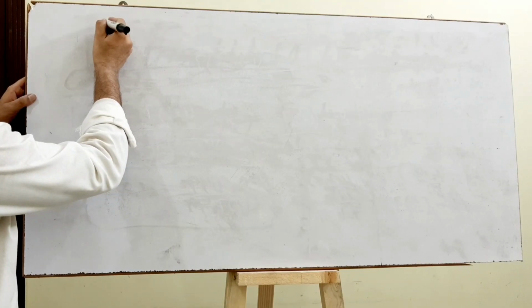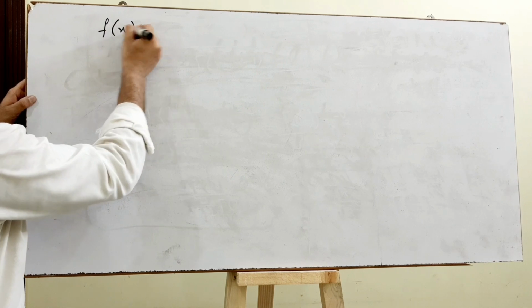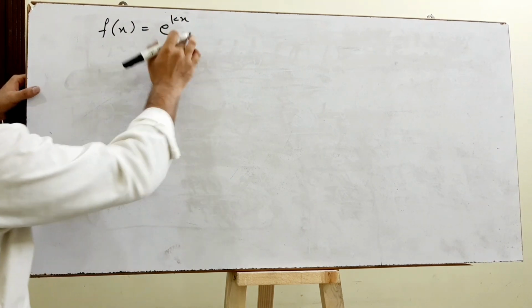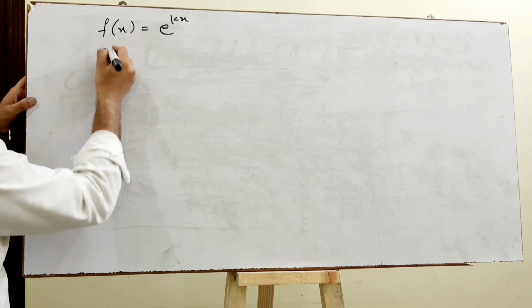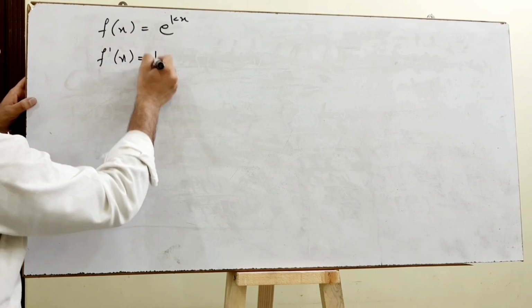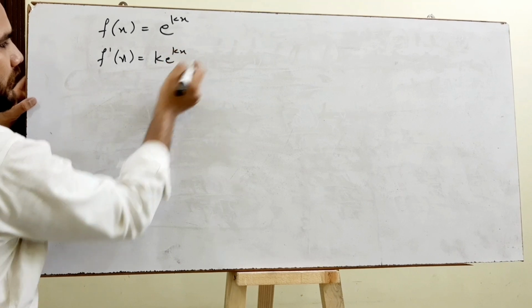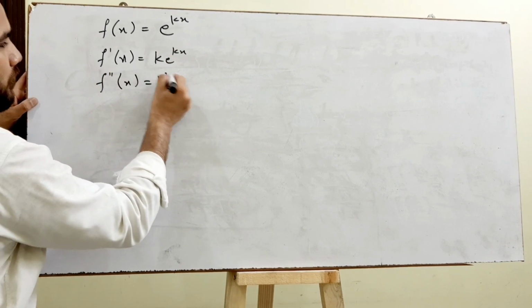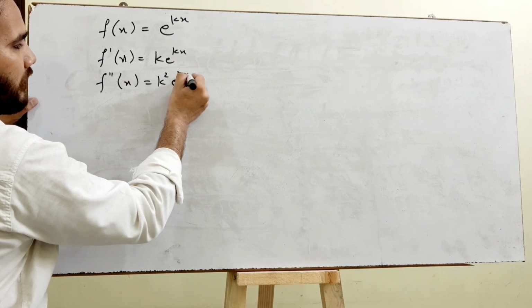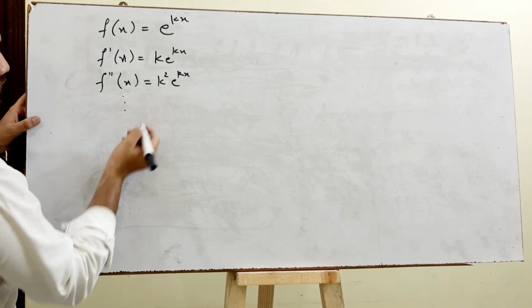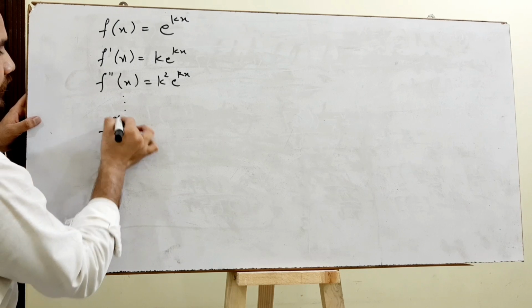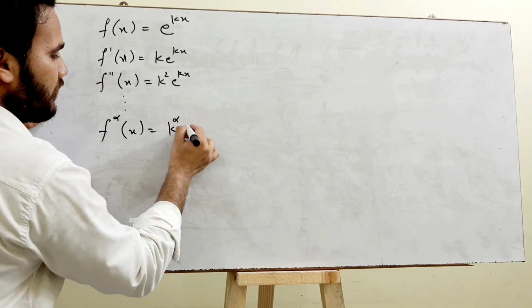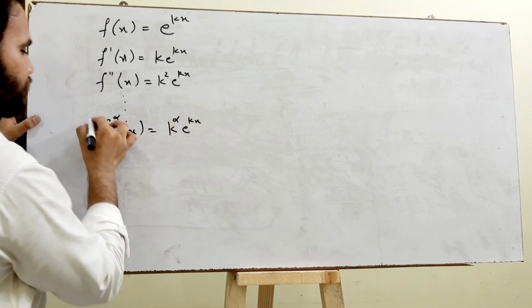Now another elementary function, that is f of x equals e^(kx). So the first derivative of this function is just k e^(kx). The second derivative of this function is k squared e^(kx), and so on. We can say that the alpha derivative of this function will be k^alpha e^(kx).